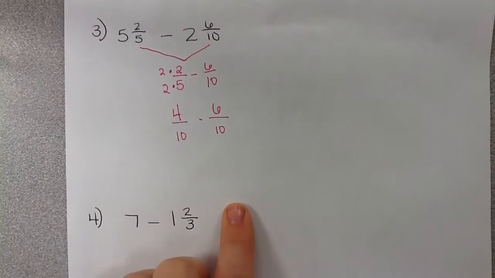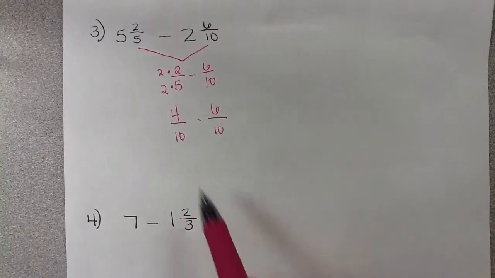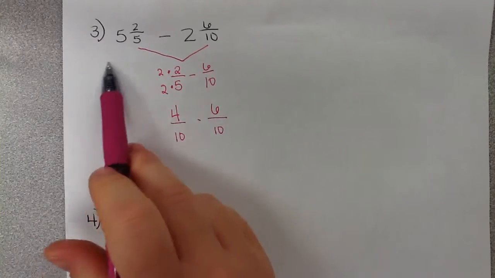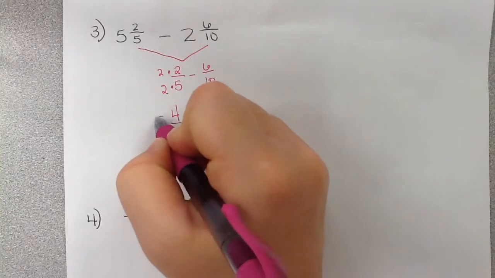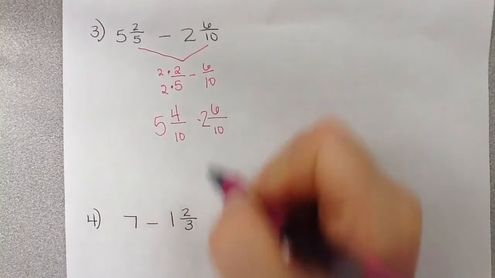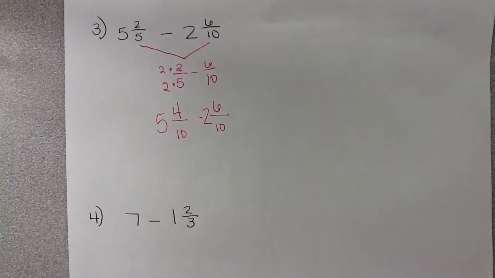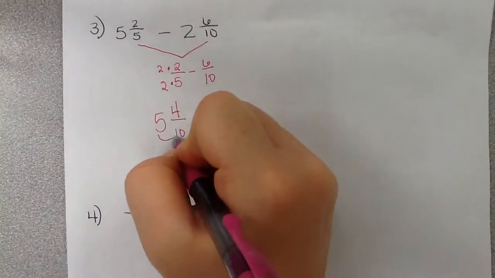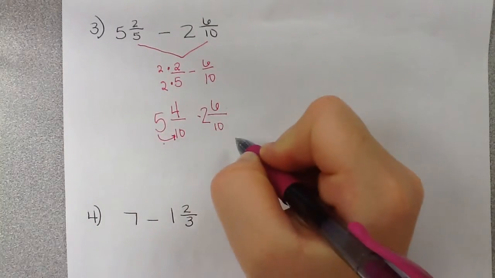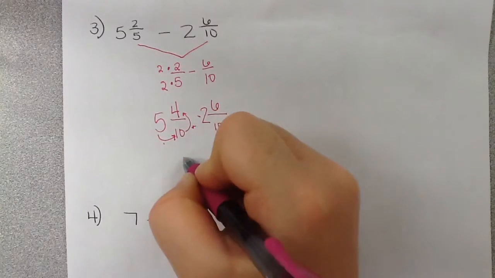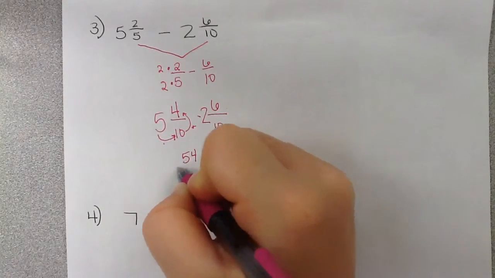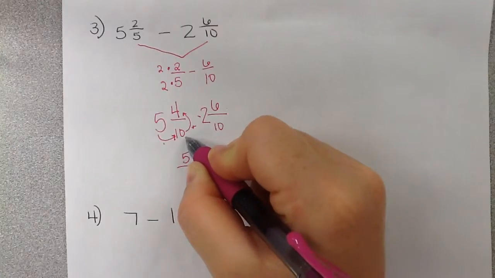What's wrong here? 4 minus 6 will give me a negative number, and I have a whole number, so I don't want that to happen. So you should have brought down your whole numbers, and let's make these improper fractions. 5 times 10 is 50 plus 4, 54, all over our bottom 10.